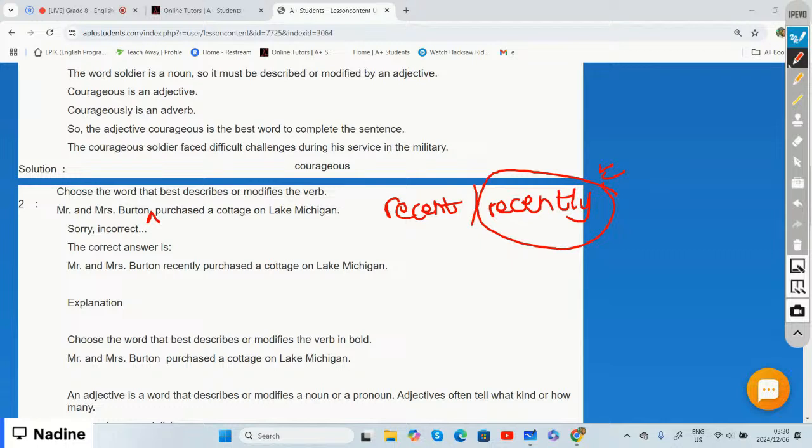So recently is correct. So they recently purchased or bought a cottage. Well done.